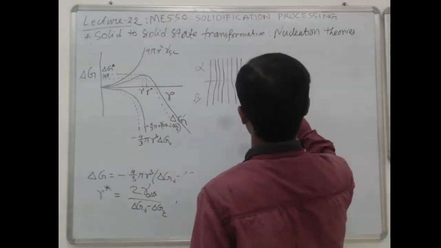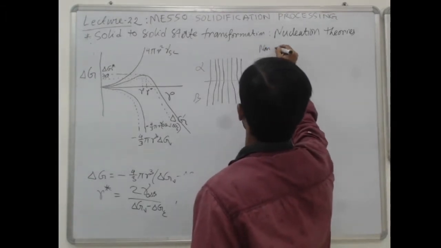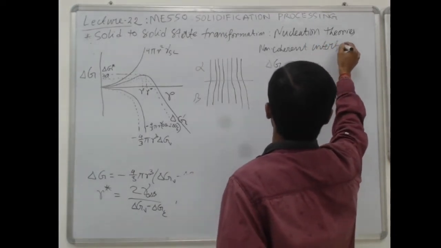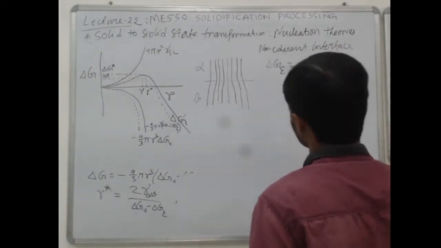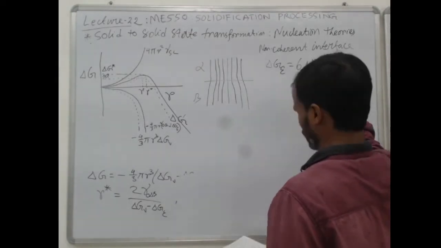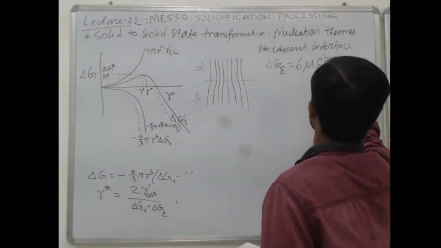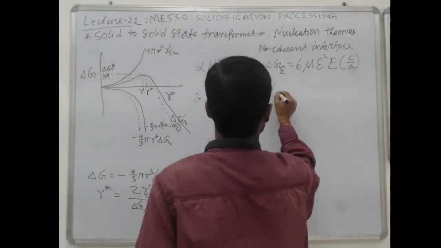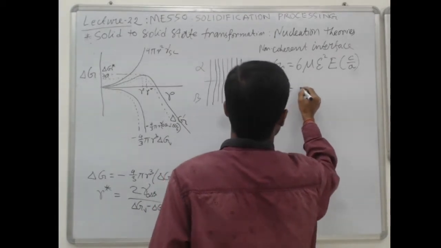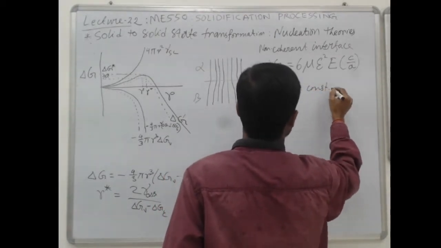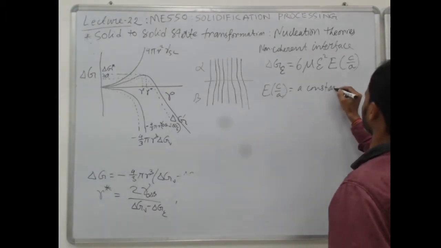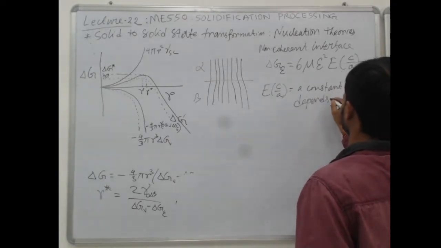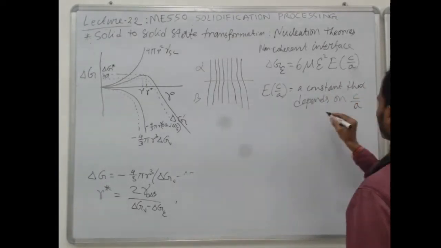So if it is a non-coherent interface on the boundary, delta G is given as 6 mu epsilon square E C by A. E C by A is a constant that depends on the C by A ratio.